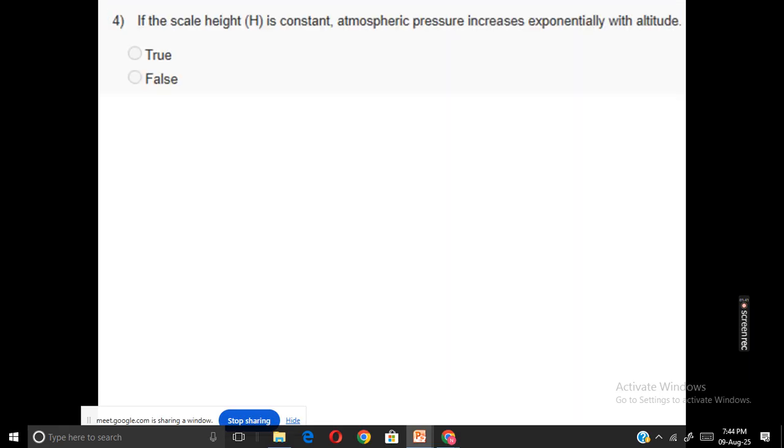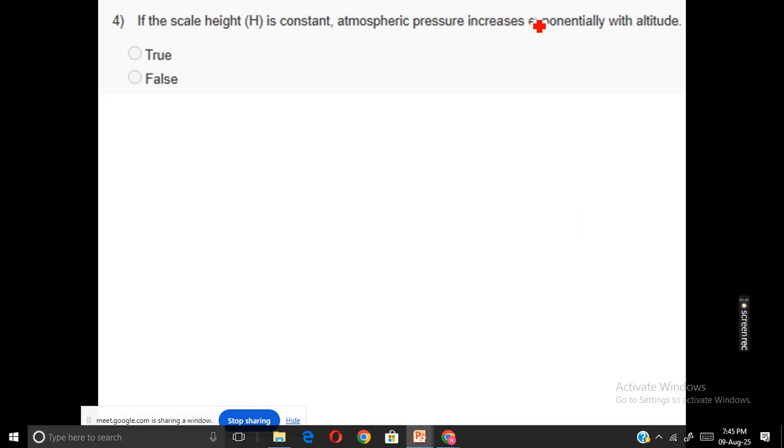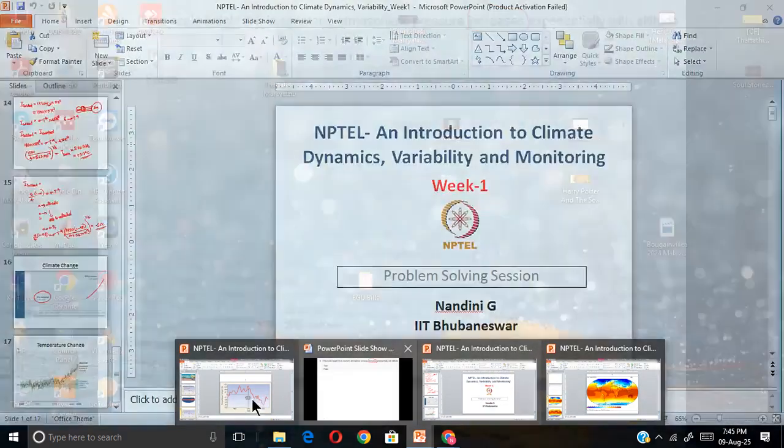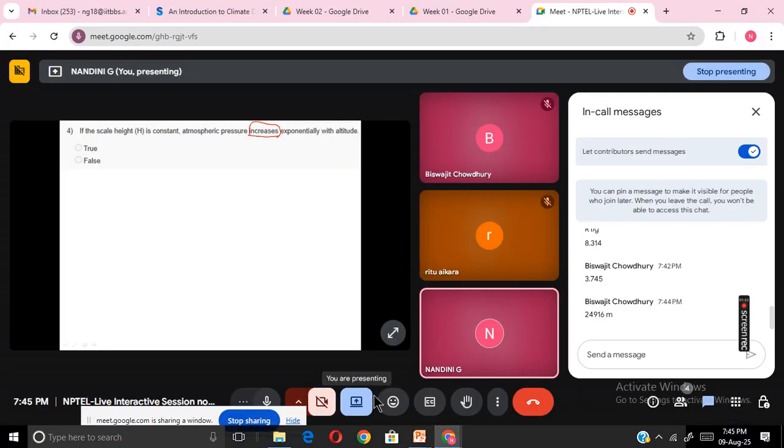Now, if the scale height is constant, atmospheric pressure increases exponentially with altitude. Is that correct? Generally, atmospheric pressure decreases exponentially with altitude. So at a given scale height, does the atmospheric pressure increase exponentially with altitude?